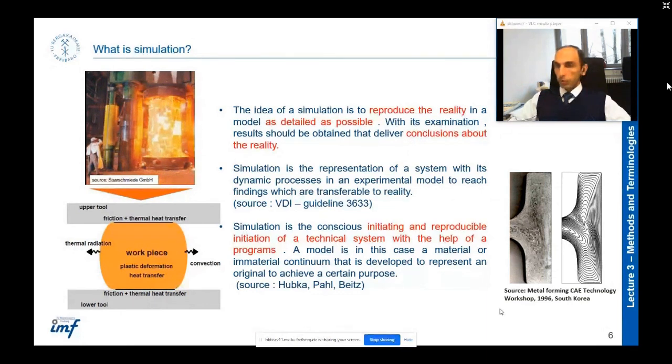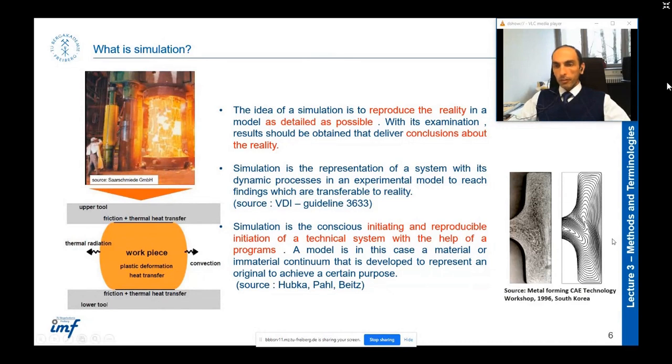For example, in this figure, the left one is the experiment showing the metal flow lines. Metal flow lines are a concept in metal forming.